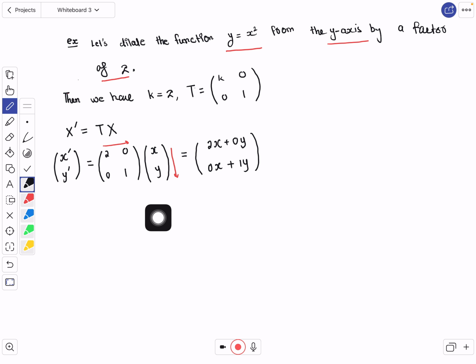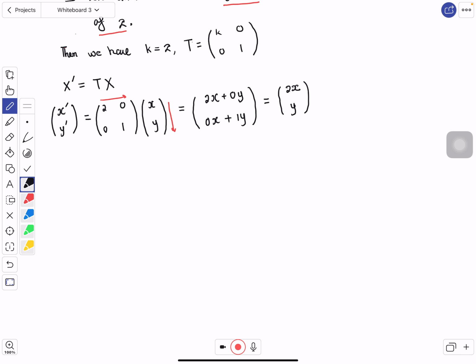That's for the bottom row, and 2 times x plus 0 times y is for the top row. If we simplify that, we get 2x and y.